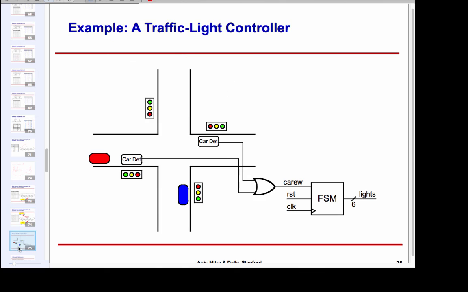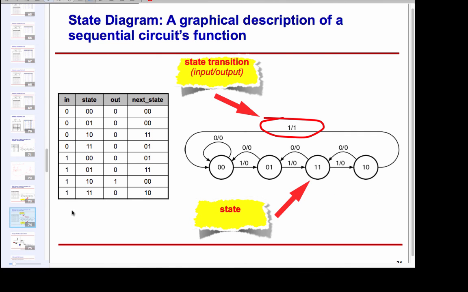There's a special case out here: if it was a Moore machine. So just to test, what's the difference between a Moore machine and a Mealy machine? In a Mealy machine, output changes immediately because it is a function of the input.